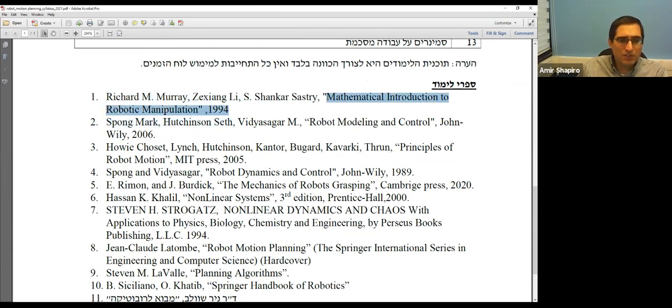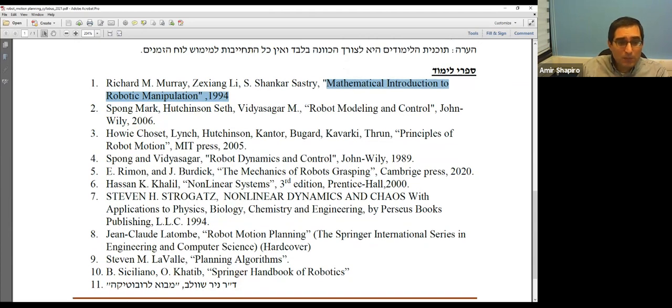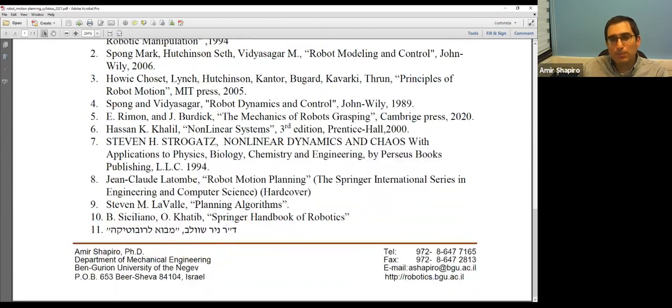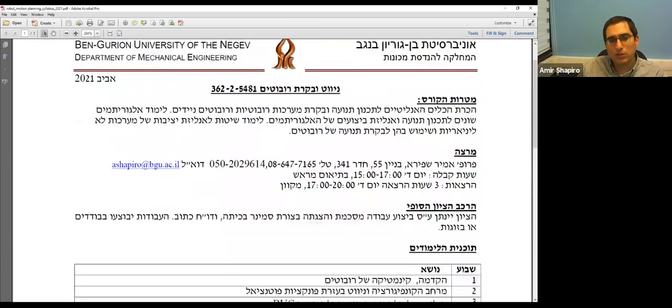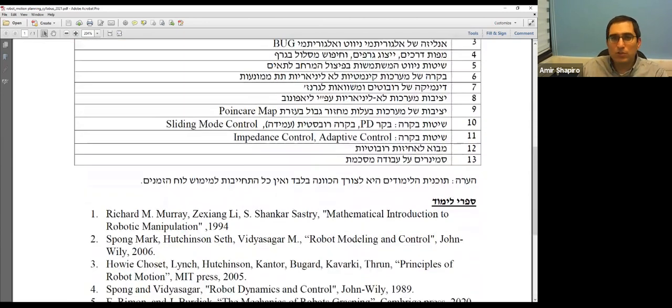It's a very good book on mostly mathematical representation of robots. And there is the book by Steve LaValle, Planning Algorithms, which is mainly about motion planning, and also the book by Jean-Claude Latombe about motion planning. Those are the books from which I took some material and compiled it into this course.